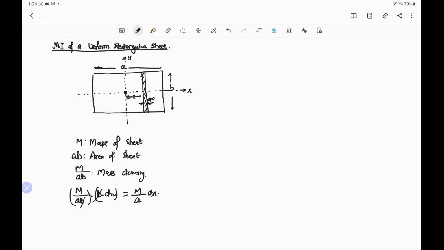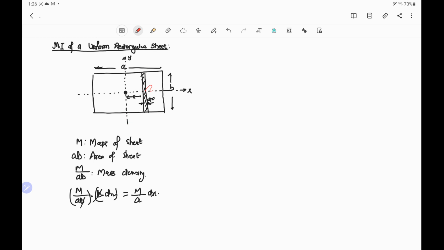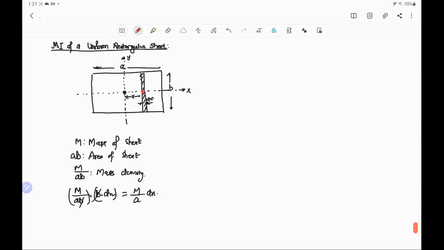Here the mass of this strip is distributed symmetrically about the x-axis. That means the total mass of this strip can be considered to be concentrated at the point on the x-axis, the center of the strip. So here the total mass of this strip is concentrated.